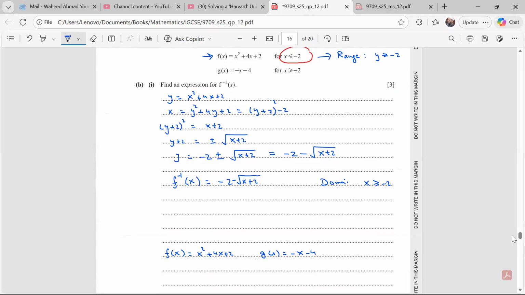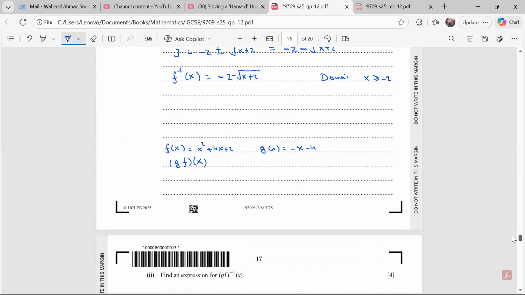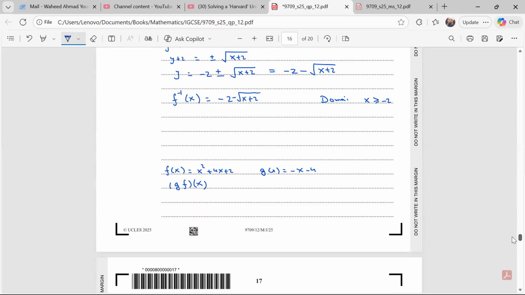So what is gf of x? We need to find the inverse. So first we find the actual function, gf. So gf of x is same as g of f of x, right? Okay, so my f of x is x squared plus 4x plus 2.